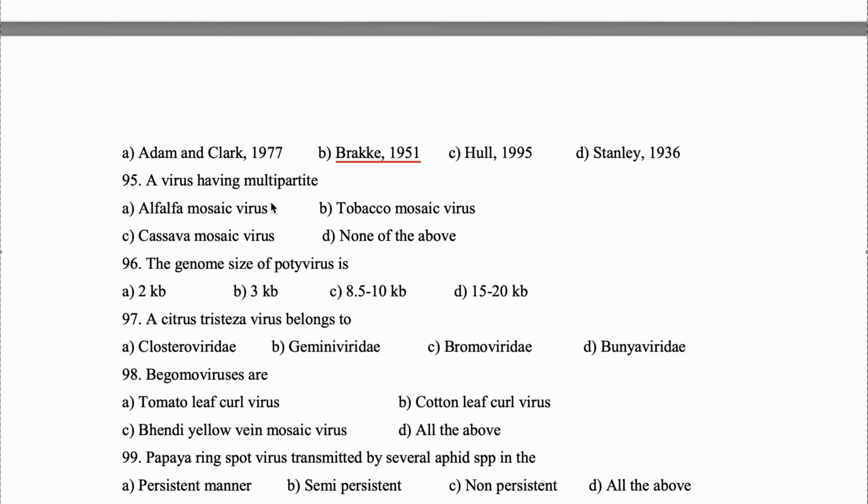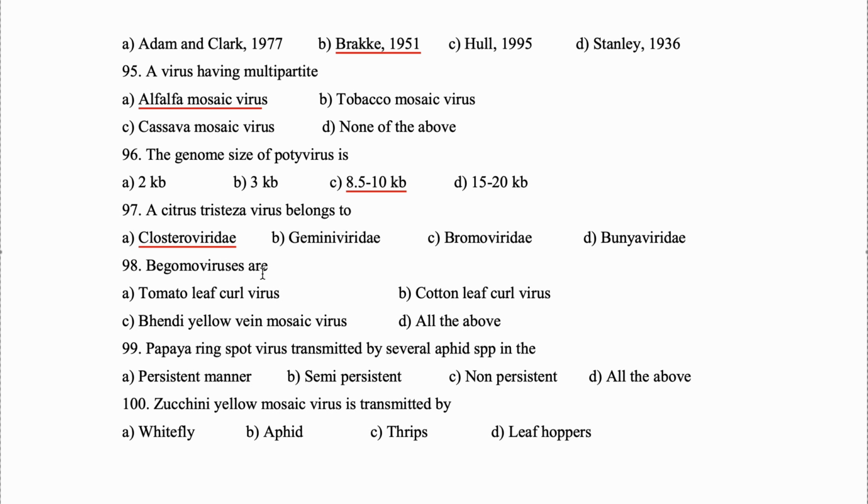A virus having multipartite genome, like alfalfa mosaic virus, and they are tripartite. Question 96. The genome size of potyvirus is 8.5 to 10 kb. 97. Citrus tristeza virus belongs to Closterovirus, and these Closteroviruses are the longest plant viruses that we know of.